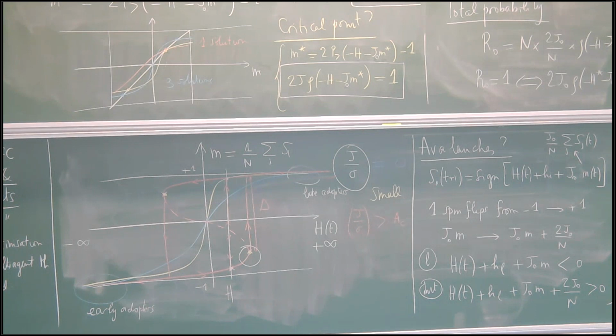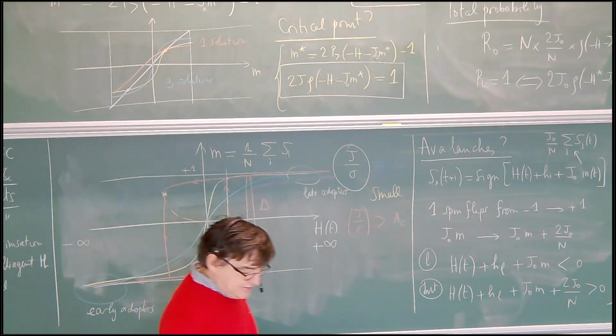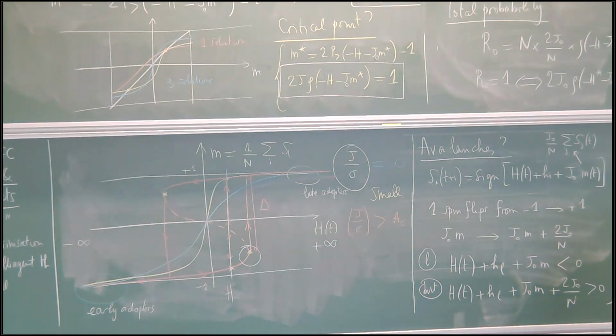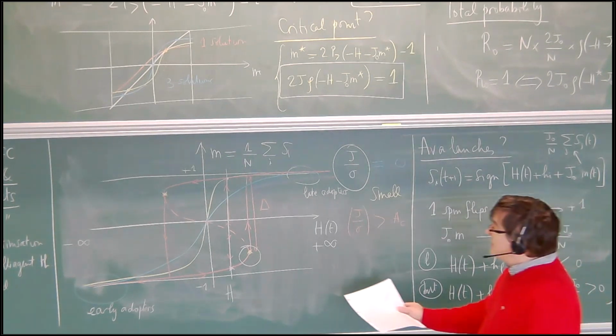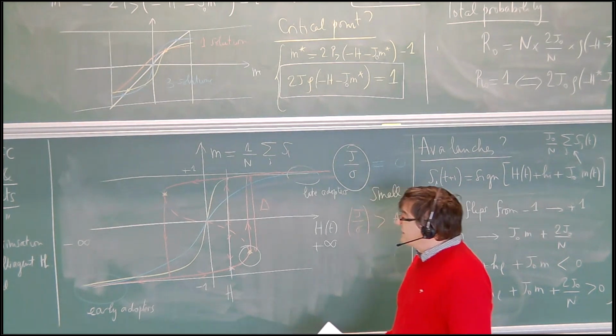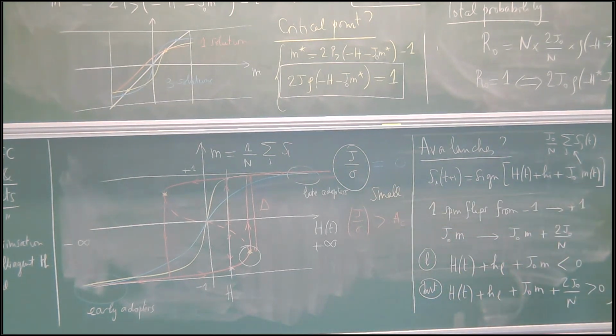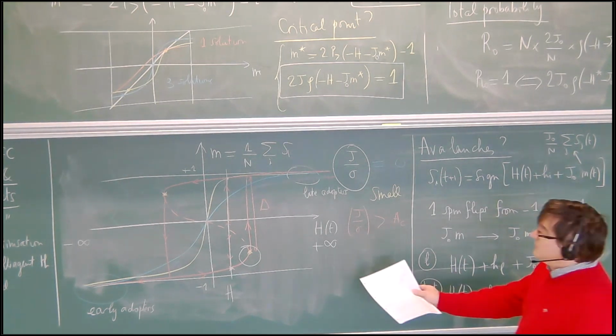The reason I'm telling you all this is that these are things that you can measure in actual magnets. It's much more difficult to see in human populations, although there are things that you can measure as well, but maybe not at this level of precision. But in the case of magnets, you can have a pretty good measure of these avalanche sizes and compare them with the theory. So if you want to compare with theory, then the mean field approximation may be a good approximation to give you what's going on.